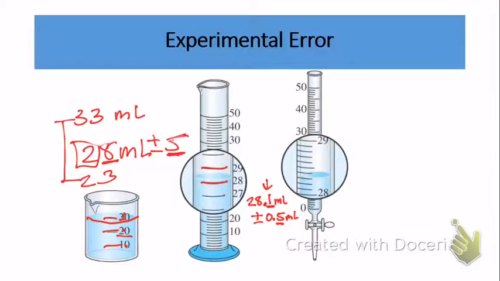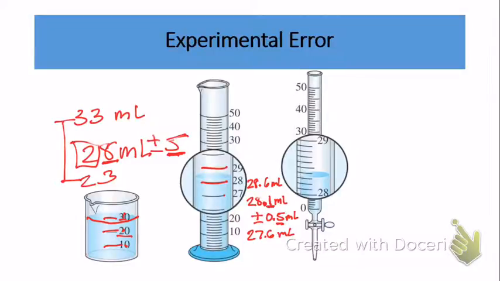So what this is telling us is that my range has now become much smaller than with the beaker, because my numbers could be 0.5 above that, so 28.6 milliliters, or 0.5 below that number, which would be 27.6 milliliters, okay?